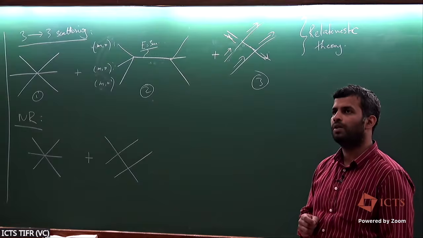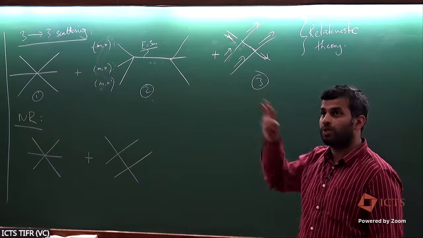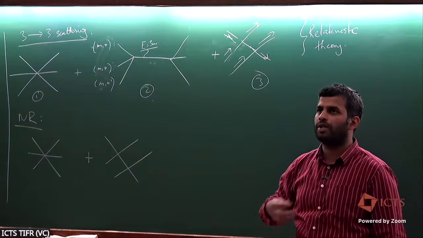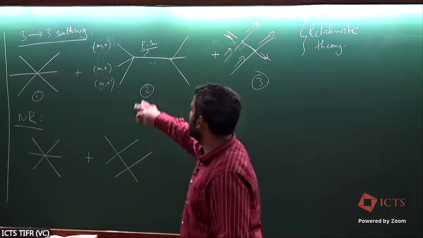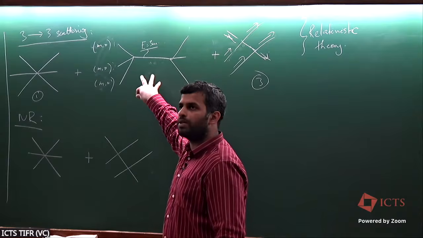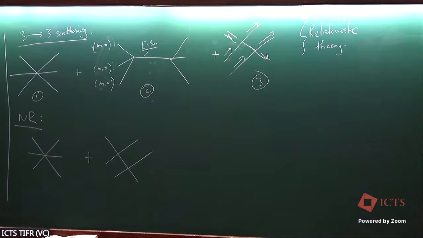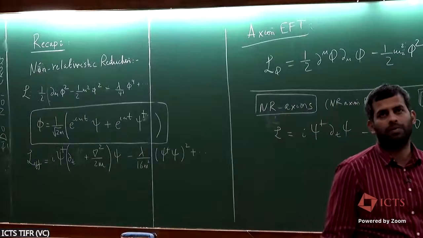Yes, that will capture it. So this is the point to demonstrate. This is what I'm trying to demonstrate, that when you do the matching, this type of diagrams contribute in the matching. Whereas yesterday, when I started with this non-relativistic reduction and got the effective Lagrangian, if you do the same thing with the non-relativistic reduction, you won't capture those higher harmonic terms. This is the point.